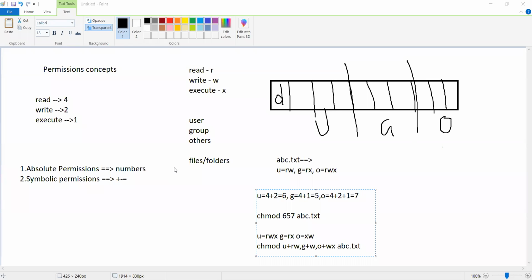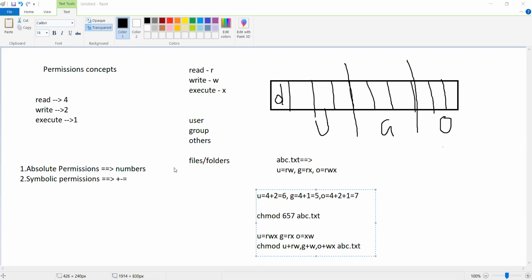Hello, I'm Sundar. Who comes under the category of others? Who are they actually? Let's say Ashok is a user who has created a file called abc.txt and he would be the owner.